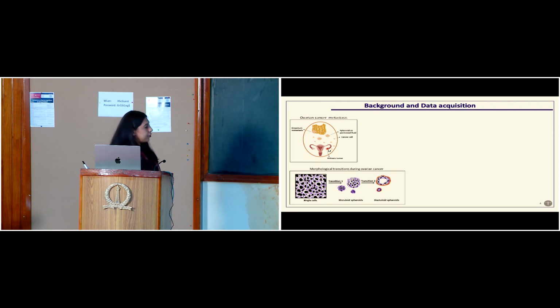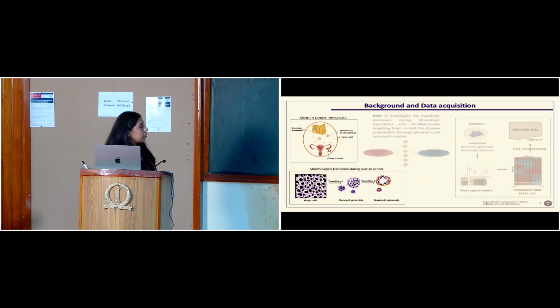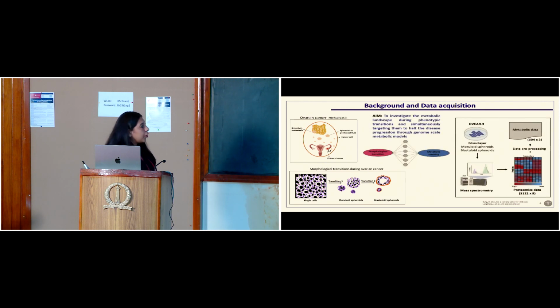These spheroids, when cultured further, make bigger spheroids with a lumen-like structure, that means they have a central cavity. The idea of this paper was to investigate what metabolic perturbations these cancer cells are going through, and why they are transitioning from single cells to spheroids and to blastoids. This was the aim of this paper.